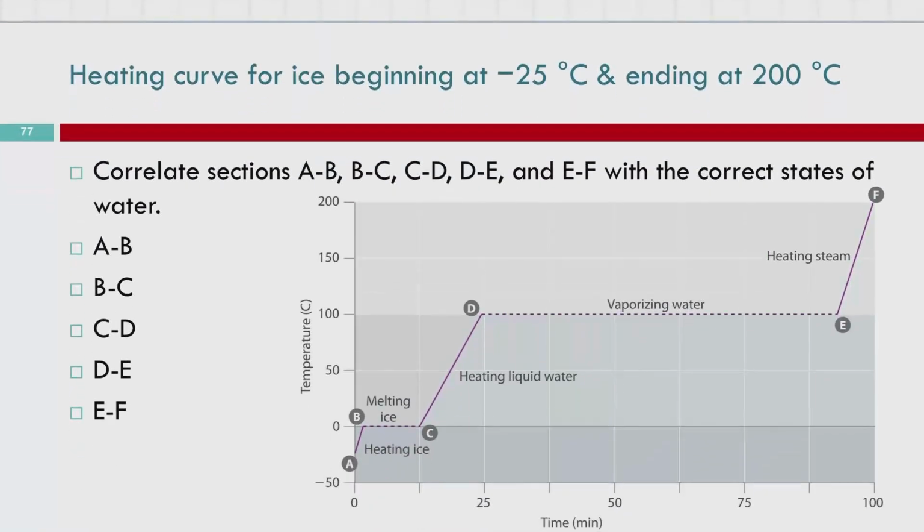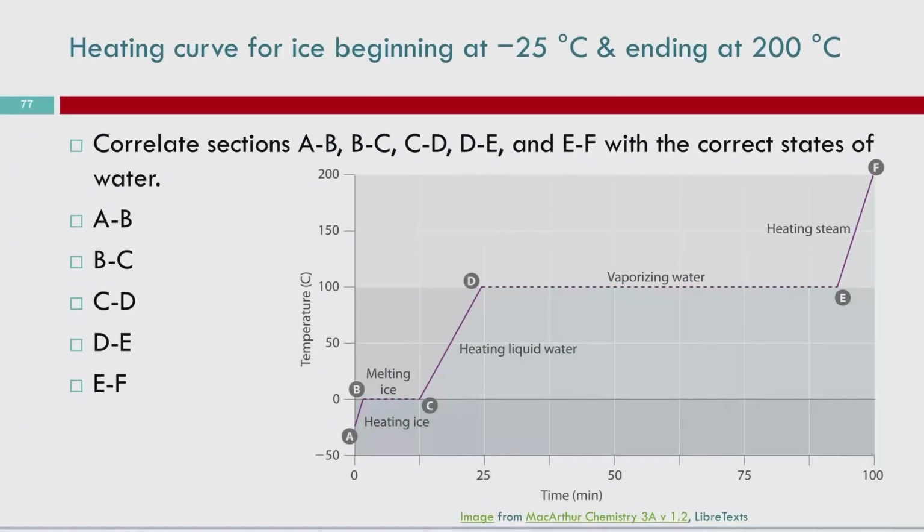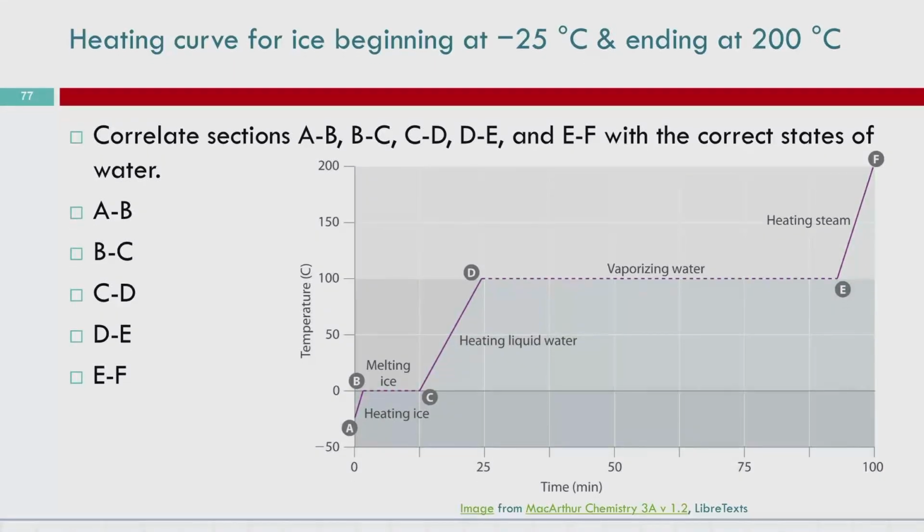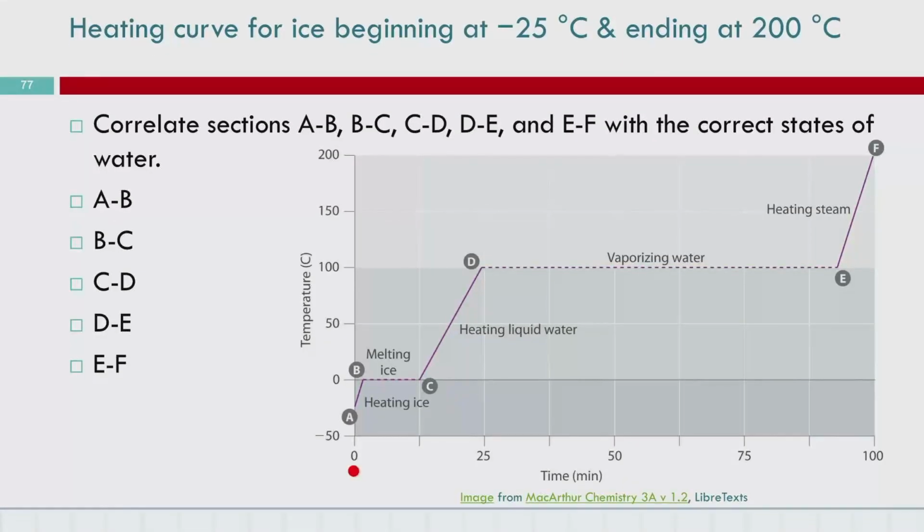And we can also do fun stuff like these heating curves, which this one unfortunately has all the answers already written in. So we can look at like the time that you're heating water and what its temperature is like. And we can see when we're starting from ice, initially we have to heat up the ice.